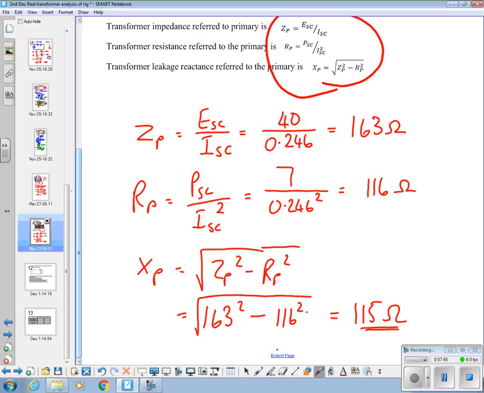It just depends how you've rounded the other figures, it's not going to make a significant difference.